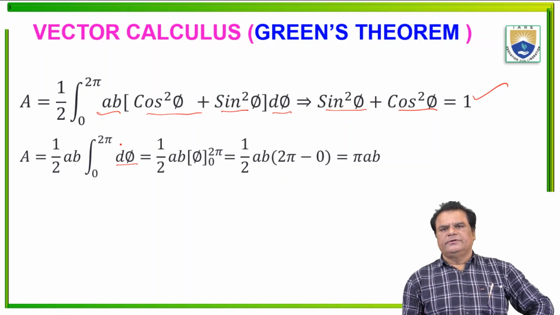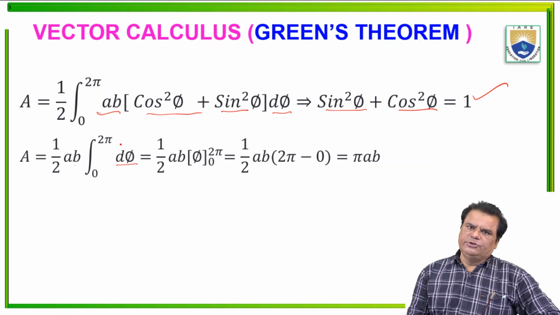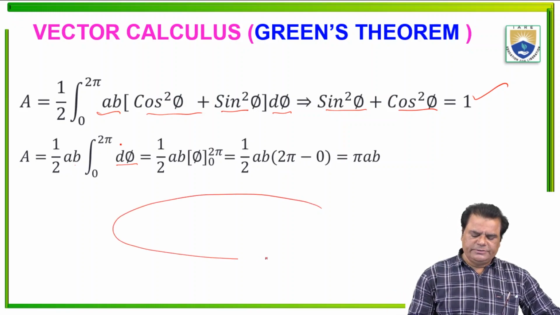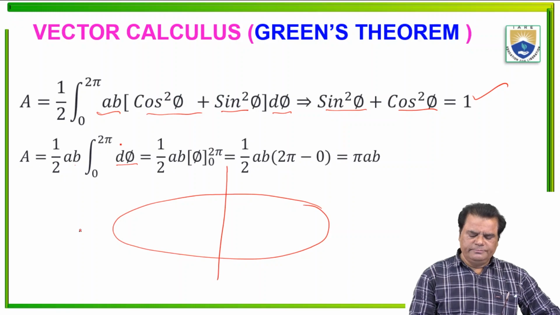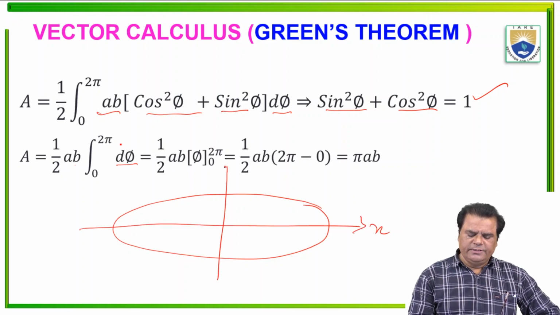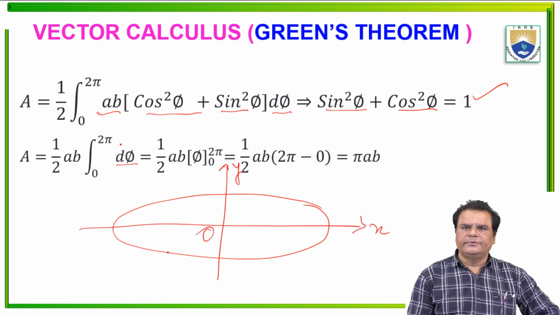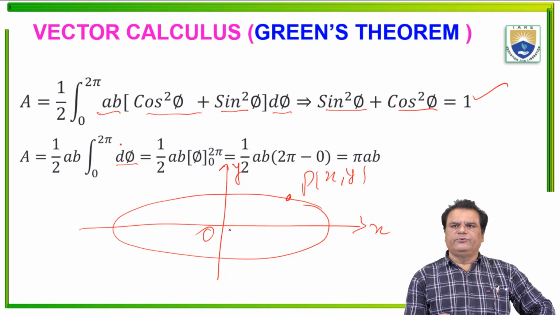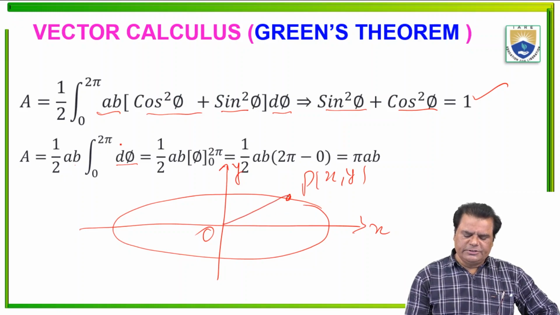In an ellipse, phi goes from 0 to 360 degrees. Take an ellipse with origin, x-axis and y-axis, and any point P with coordinates x, y on the ellipse. OP makes the angle phi.